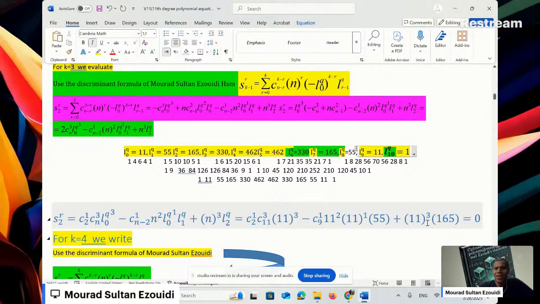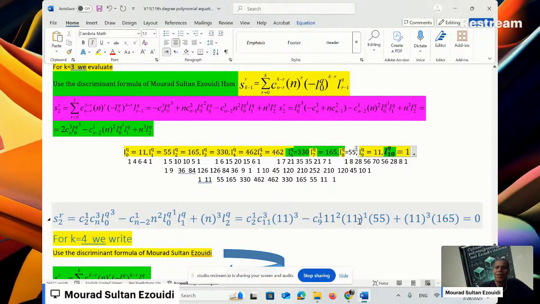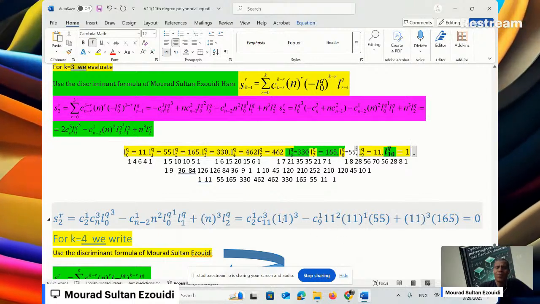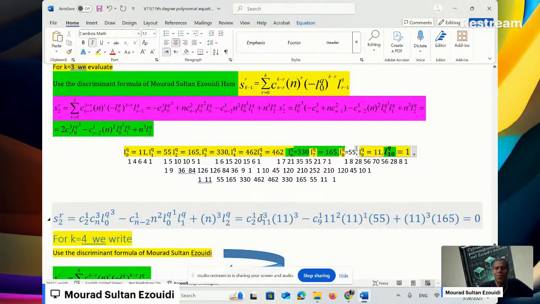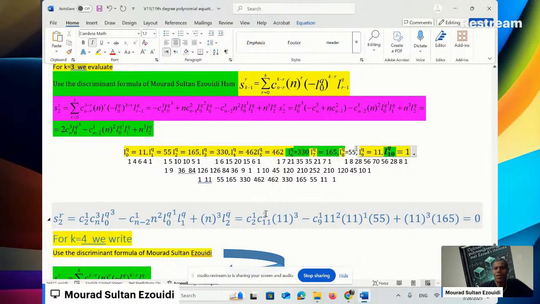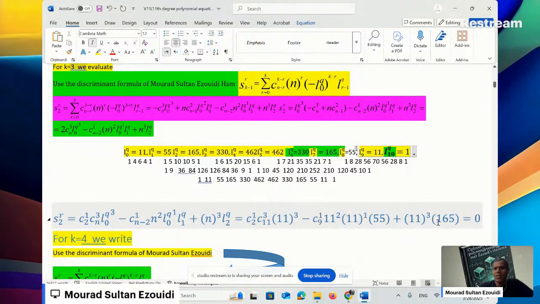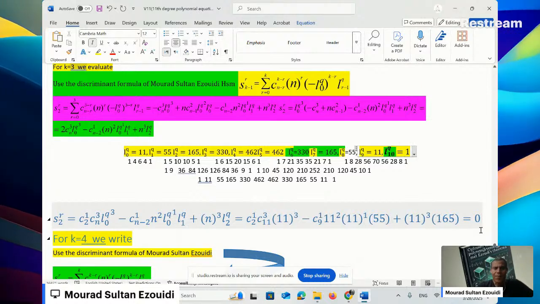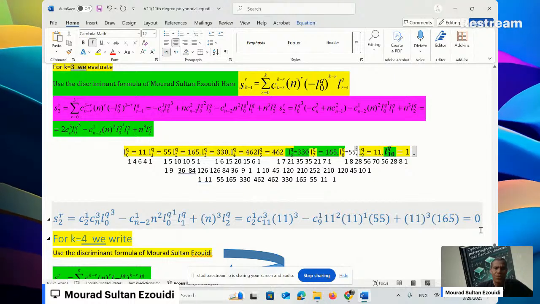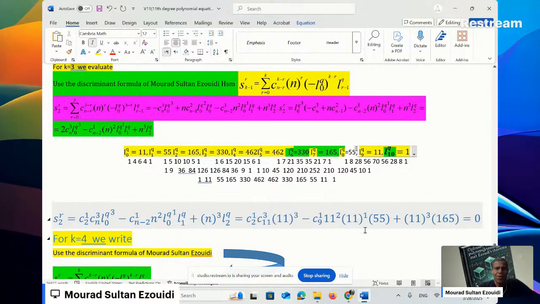Learners, you can see that 11 cubed is a common factor, so ignore this step. Just write the sum of combination 2 choose 1 times combination 11 choose 3, minus combination n choose 1 times 55, plus 165. So this one, by convention, is going to be equal to 0. You can use the scientific calculator. So S2 equals 0.